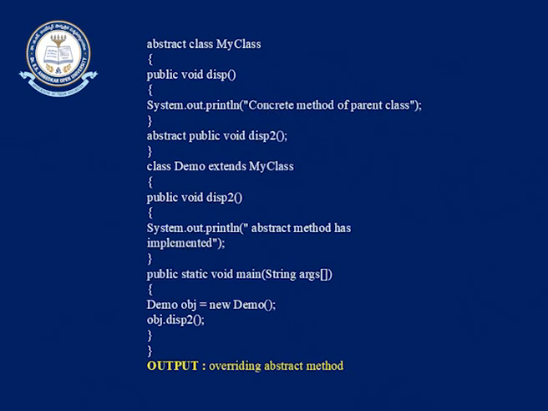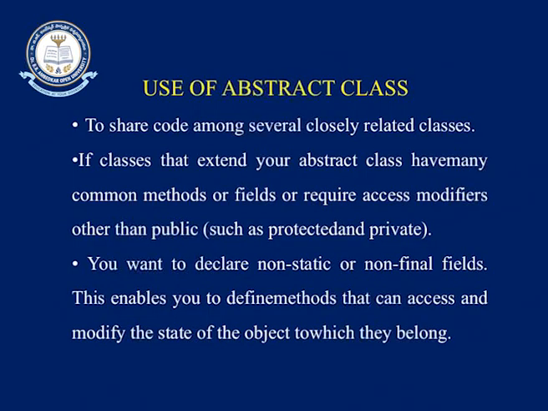So, that should be printed. So, what is going to be printed? Overriding an abstract method, which is going to change the signature of the base method. So, these are the uses of abstract classes.